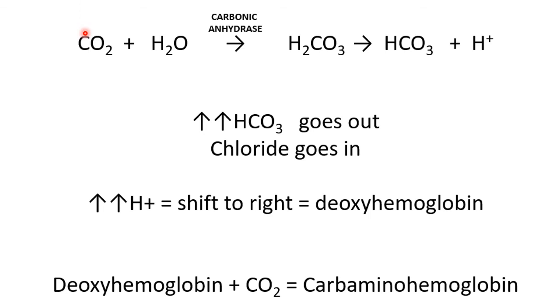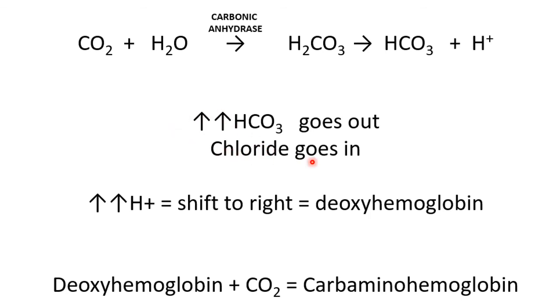So, tingnan natin yan visually. So, halimbawa, magpipick up ng carbon dioxide si hemoglobin from the tissues. Okay? Papasok yan sa loob ng RBC. Using carbonic anhydrase, it will be converted into carbonic acid and further converted into bicarbonate and hydrogen. Kapag dumadami si bicarbonate, it will go out eventually from the RBC and chloride goes in the RBC.